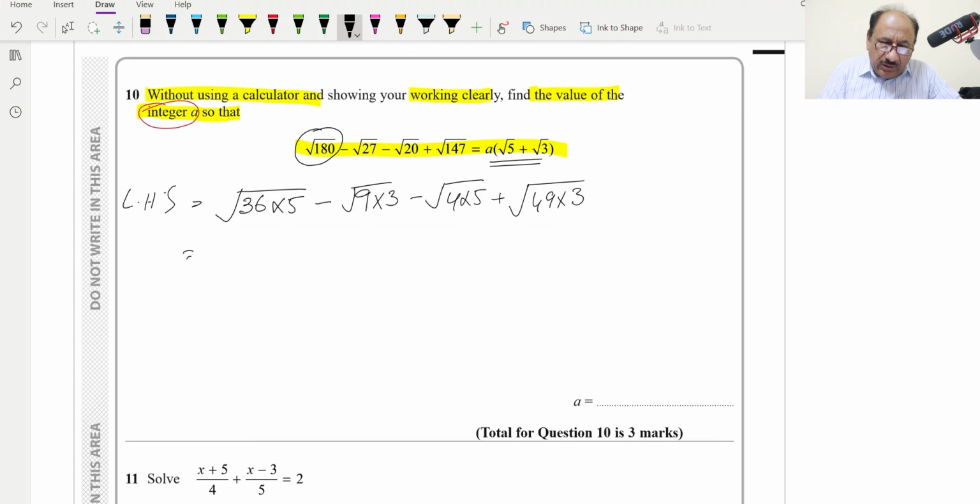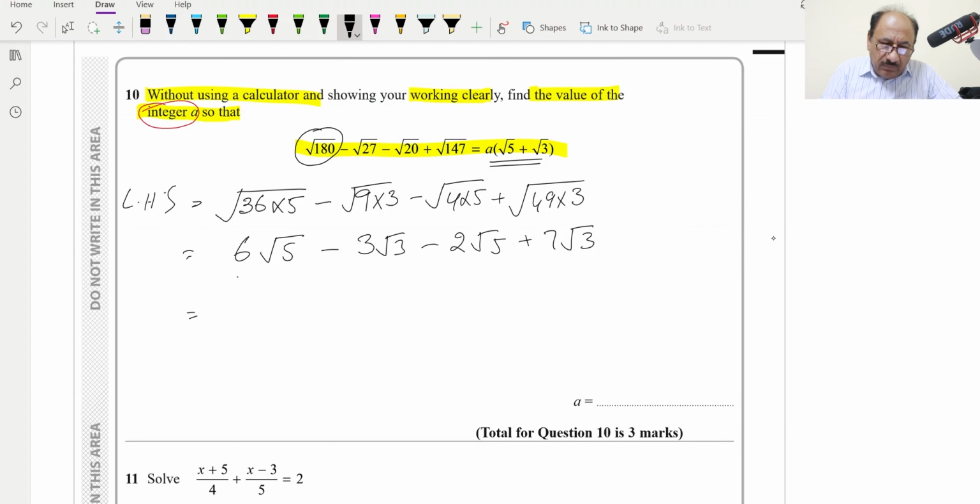So now we can rewrite it as 6 under root. This portion, 36 under root, can be written as 6 outside the root and under root will be 5, and minus 9 under root we can write as 3 under root 3, and minus this will be 2 under root 5, plus this will be 7 outside and under root 3.